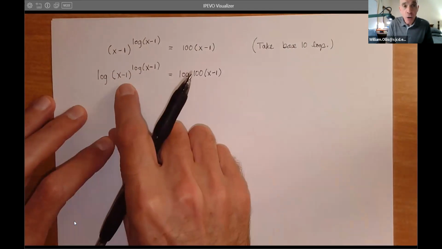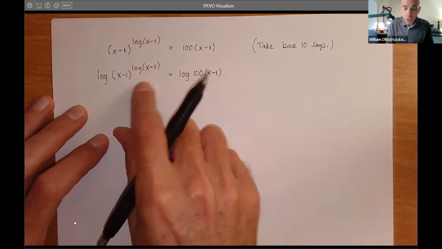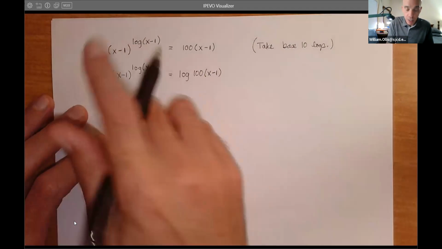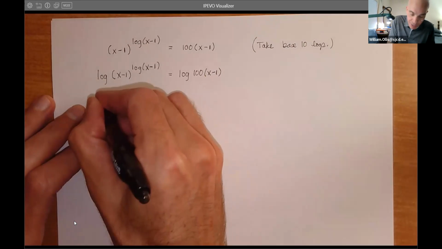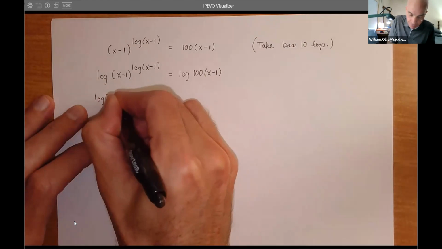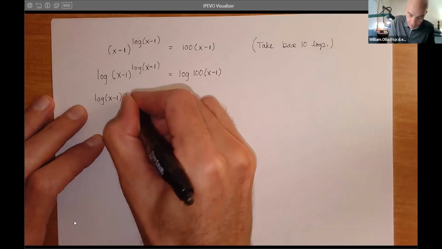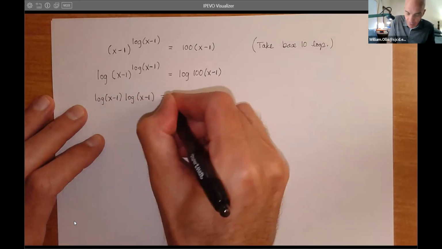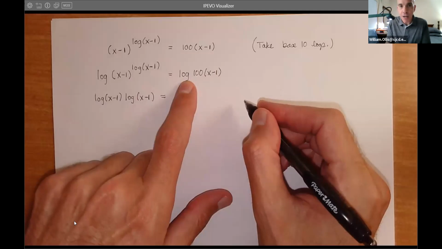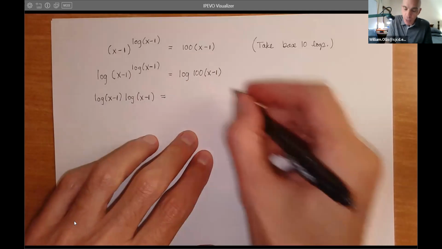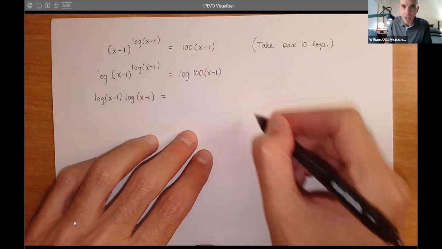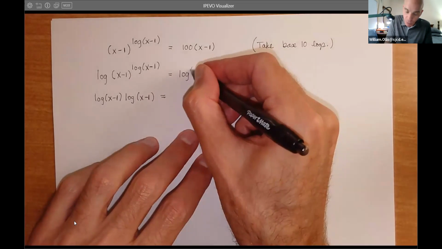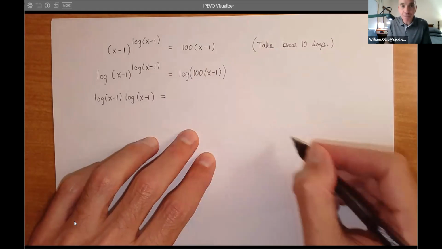Now notice we have the power rule. So the power here, which is log of x minus 1, can come downstairs. So we're going to get 2 copies of that. And then, of course, over here, we have the log of a product. Now, WebAssign would stick in the parentheses here. I don't use them because it's not unclear, but WebAssign would put both of these in.